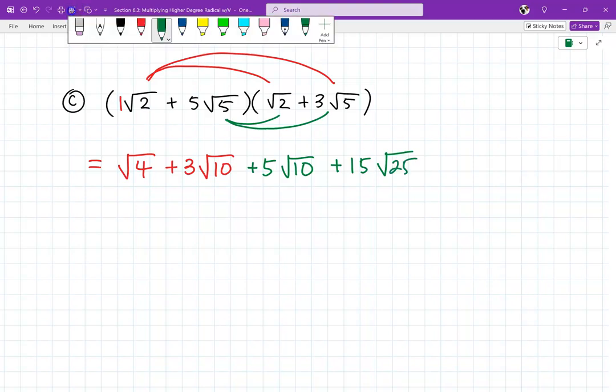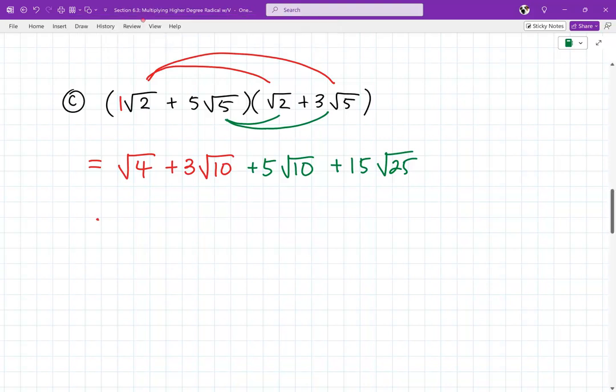Now let me simplify as much as possible. What's the square root of 4? This comes out, what do I get? That's a 2. Notice 3 radical 10 plus 5 radical 10 is 8 radical 10. I can combine those by adding.